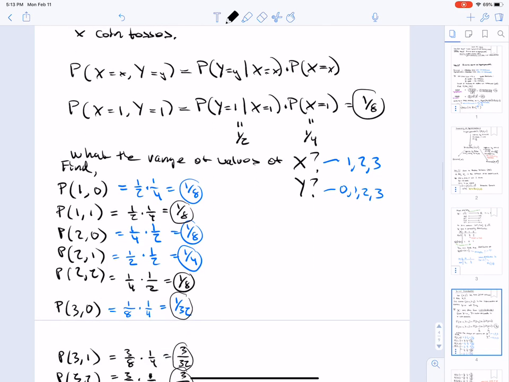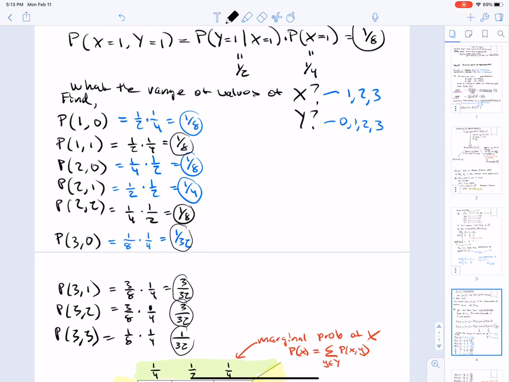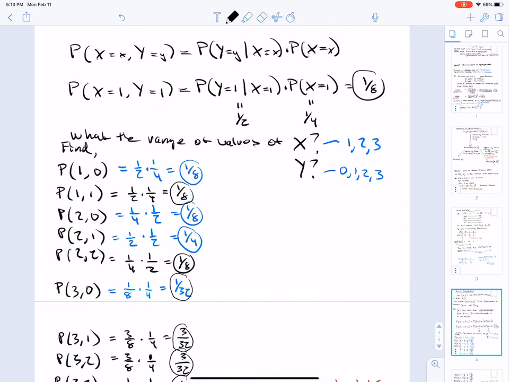So then I had you guys fill out some of these. These are pretty straightforward. Let's do, for example, the probability of getting x is 2 and y is 1.